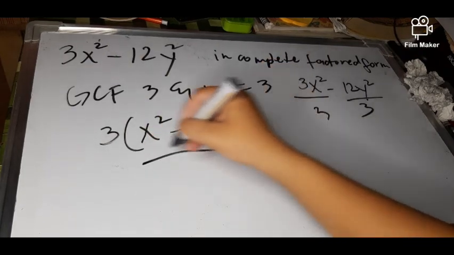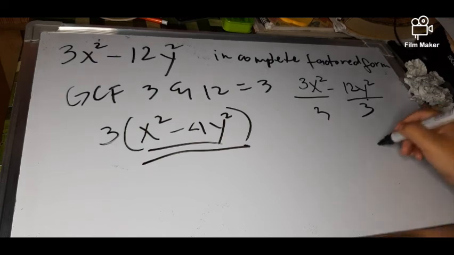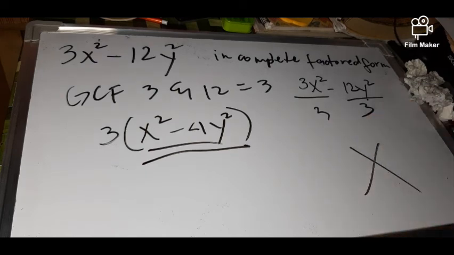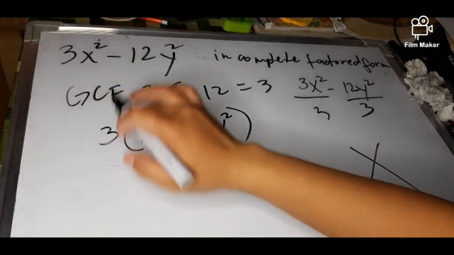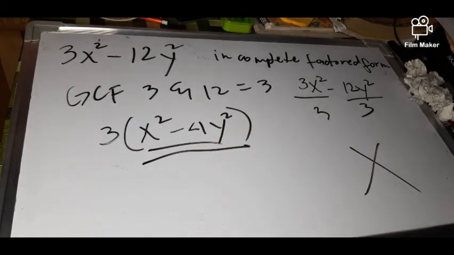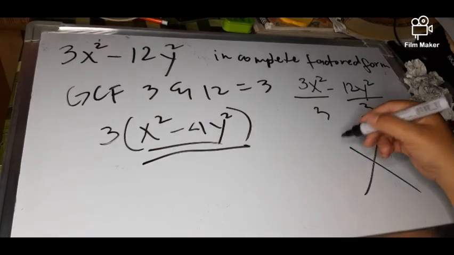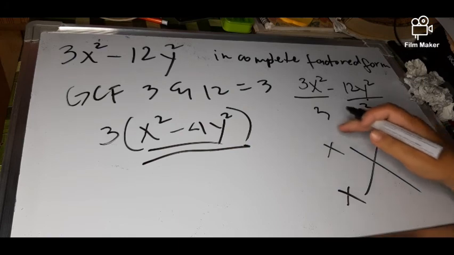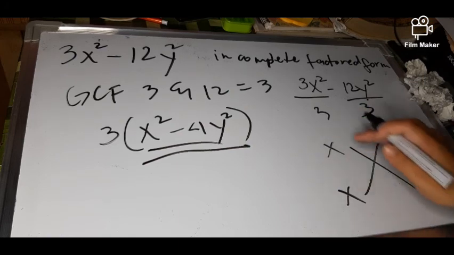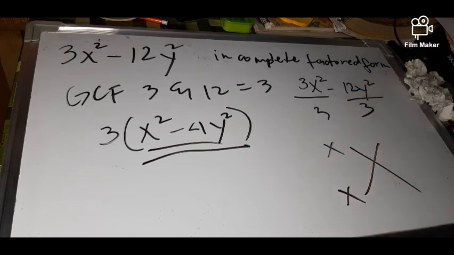So, from this problem, kaya na natin gawin yung ginagawa natin kanina pagkuha ng complete factored form. Huwag na muna natin gagalawin si 3. Ito munang nasa loob na to kasi perfect square na siya. Ipa-factor na lang po natin. So, sa x squared, alam natin na x times x yan dahil exponent plus exponent, 1 plus 1 is 2, kaya siya naging x squared. So, sa 4 naman, we have 2y, 2y.